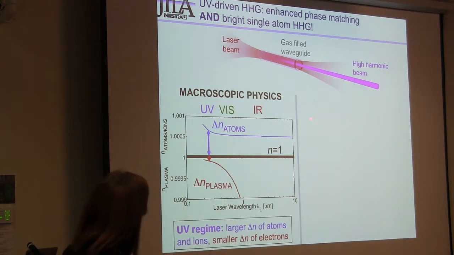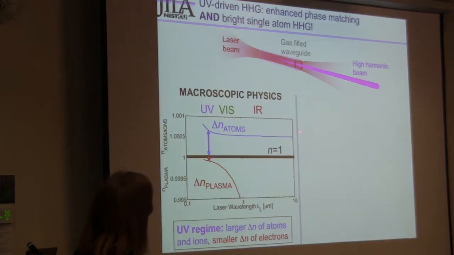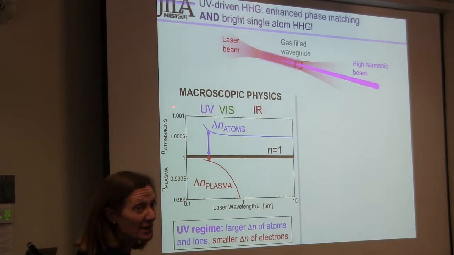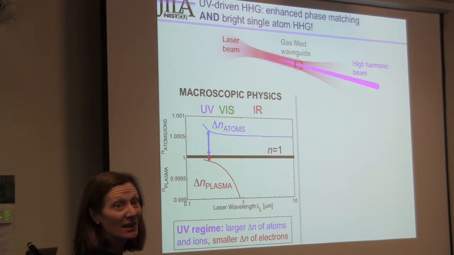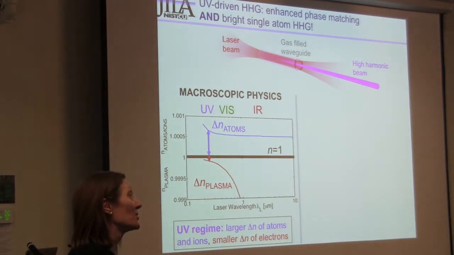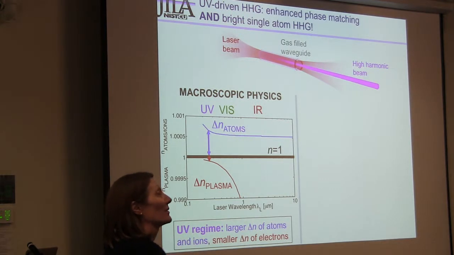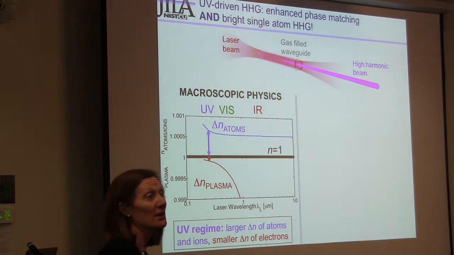So what happens is, as you go from the infrared through the visible through the ultraviolet, the linear refractive indices of atoms and ions increase, but any influence of a plasma decreases. And so it becomes easier to force the laser to travel at the speed of light in vacuum.